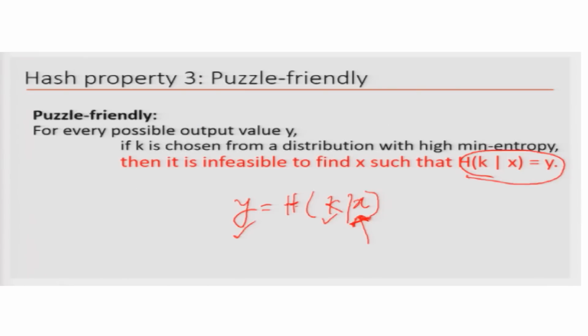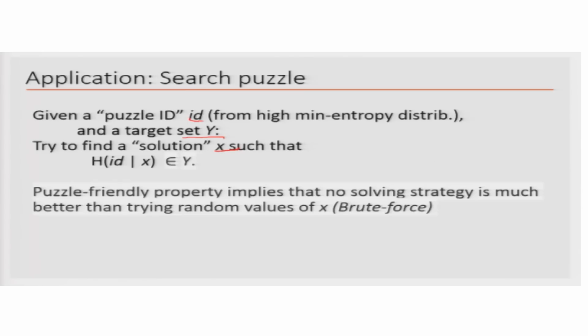Earlier, a single y was given to you and k was given to you, and you had to find x. Now, we can make it a little easier by saying that it is not a fixed y, but I will give you a set of y's and you give me an x such that the hash of this ID concatenated with x gives me a number in that set Y. If the hash function is puzzle friendly, that means there is no shortcut to find this x except brute forcing, except trying all possible x's.